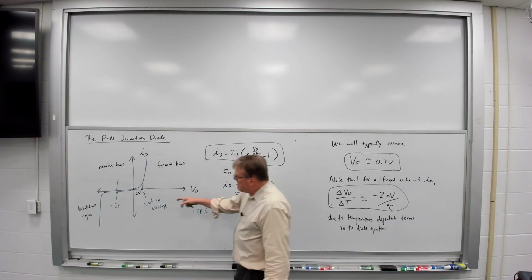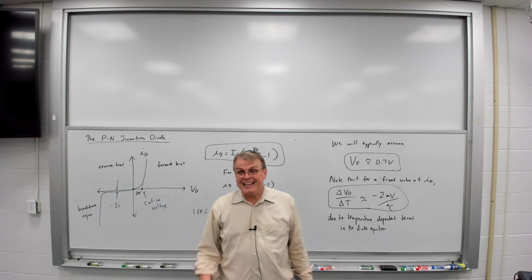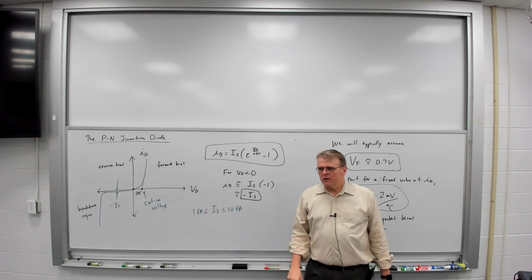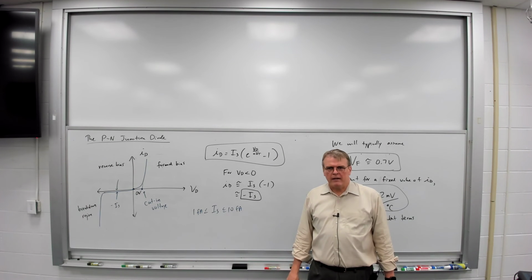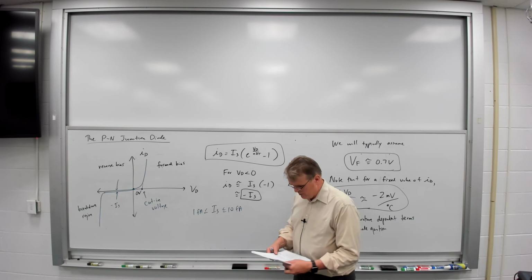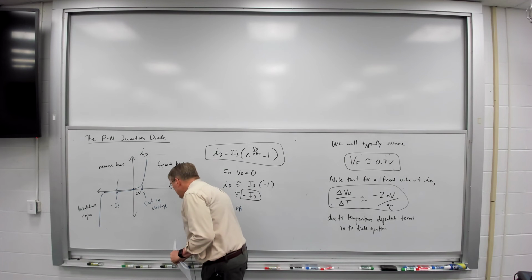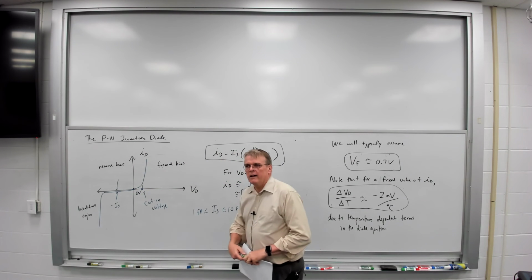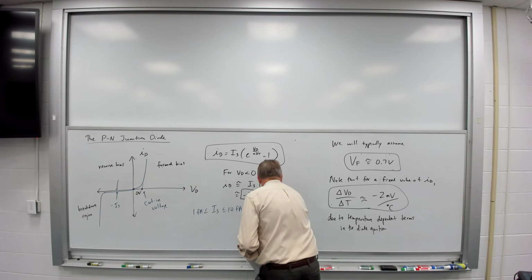However, if you actually measure the current in the reverse bias region, you'll typically find that the actual reverse current is a lot bigger than IS. It can be, in fact, orders of magnitude larger. What you'll find is that the actual reverse current of the diode is much larger.